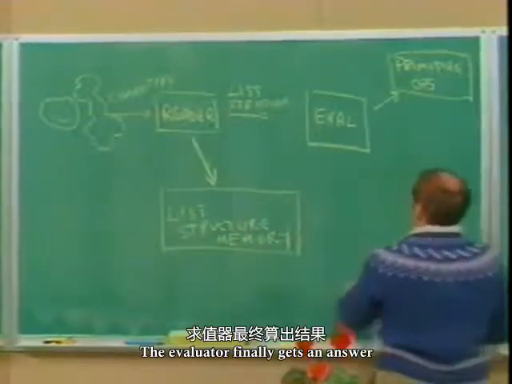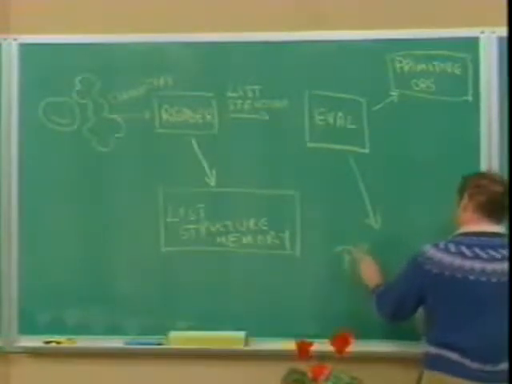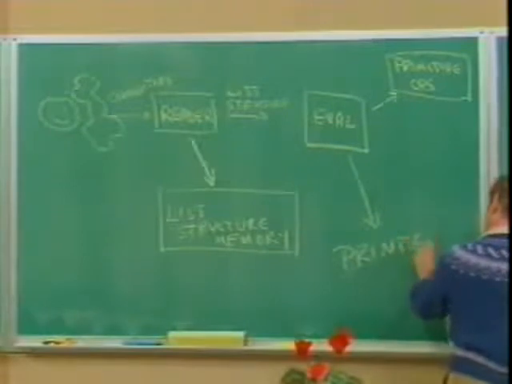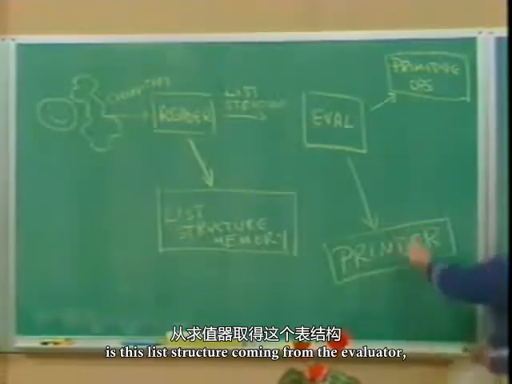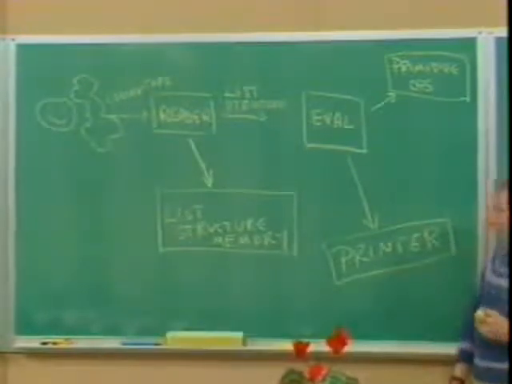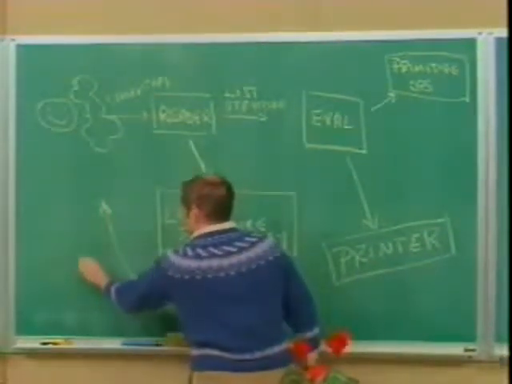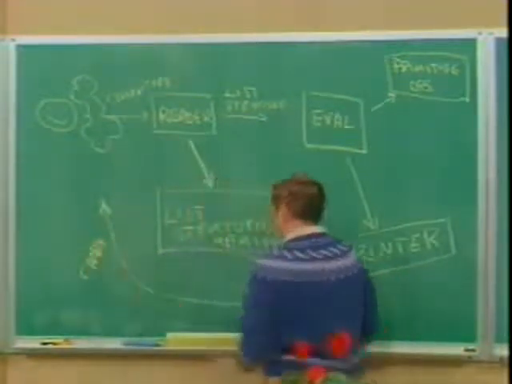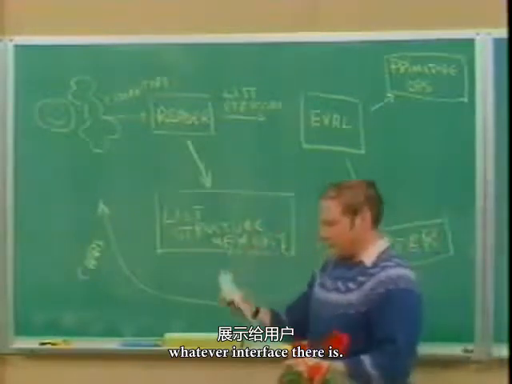The evaluator finally gets an answer and communicates that to the printer. And now the printer's job in life is to take this list structure coming from the evaluator and turn it back into characters. And communicate them to the user through whatever interface there is.